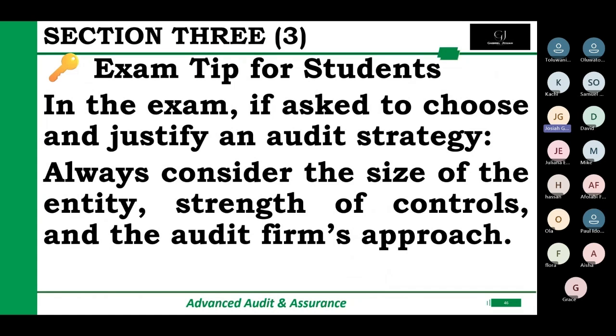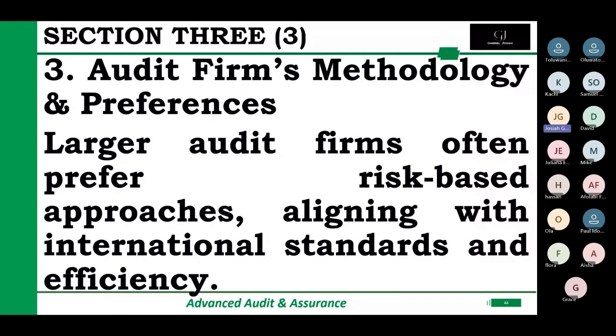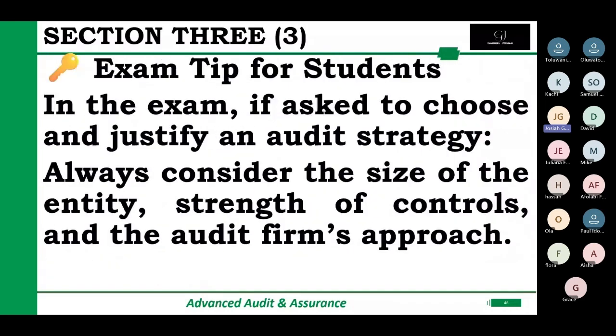So the tip is that in the exam, if asked to choose and justify an audit strategy, always consider factors like the size of the entity, the strength of controls, and the audit firm's approach. These are three factors you should be able to speak to: the size of the entity you are auditing, the strength of the controls, and also the audit firm's approach.